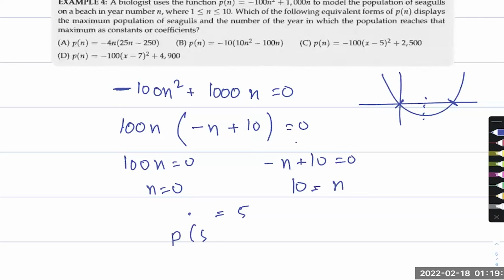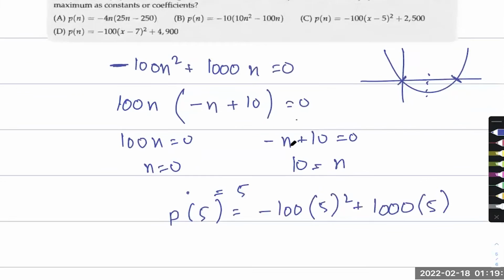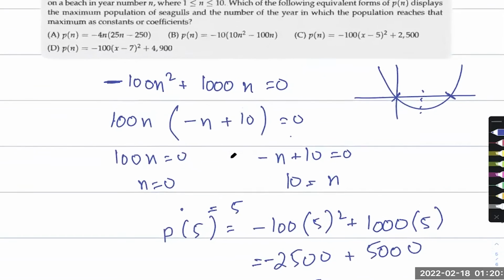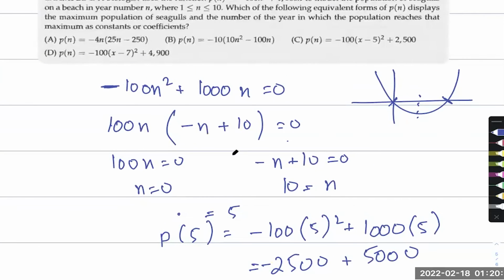So p of 5: minus 100 into 5 squared plus 1000 into 5, which becomes minus 2500 plus 5000. So this is plus 2500. So my vertex form in this case is minus 100 (x minus 5) whole squared plus 2500. That is my answer.